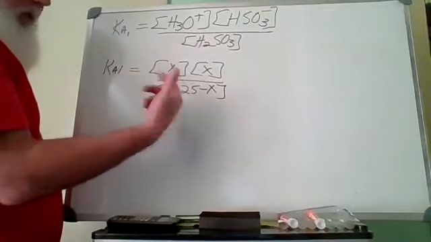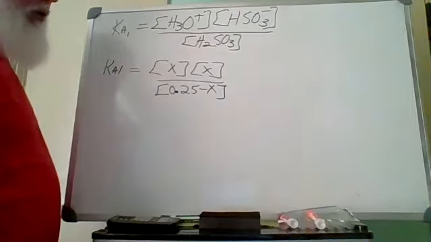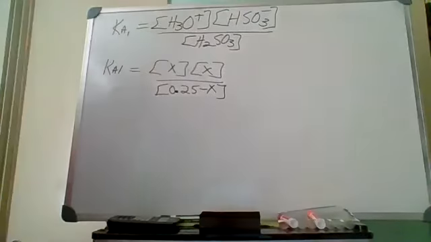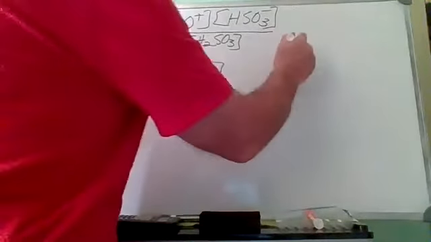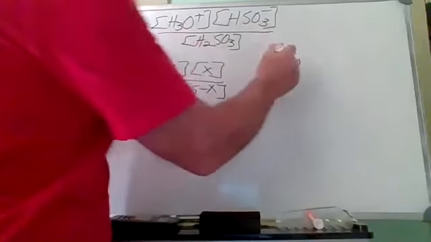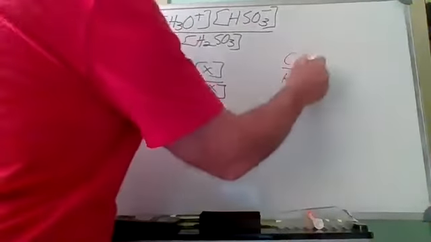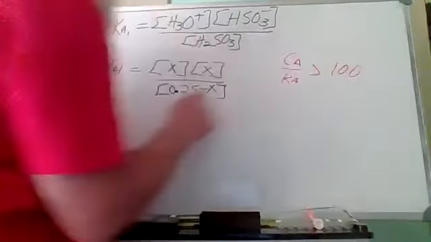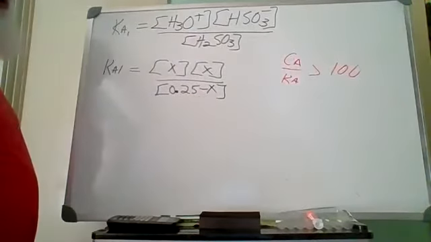If it's much smaller, then we can drop it and we don't have to use the quadratic formula. So what was that condition? The condition was that when the initial concentration of the free acid divided by the equilibrium constant is bigger than 100, then we can drop this x. We don't have to do a quadratic equation.